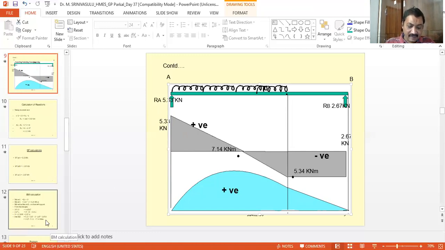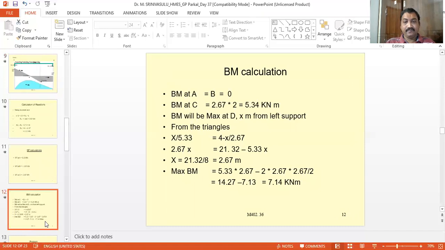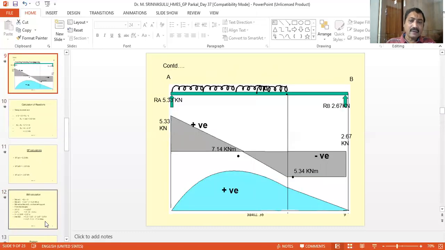Now coming to the bending moment diagram. One of the important things is that wherever the shear force changes sign, here in this problem the shear force is changing sign at the point D. So at this point the bending moment will be maximum.